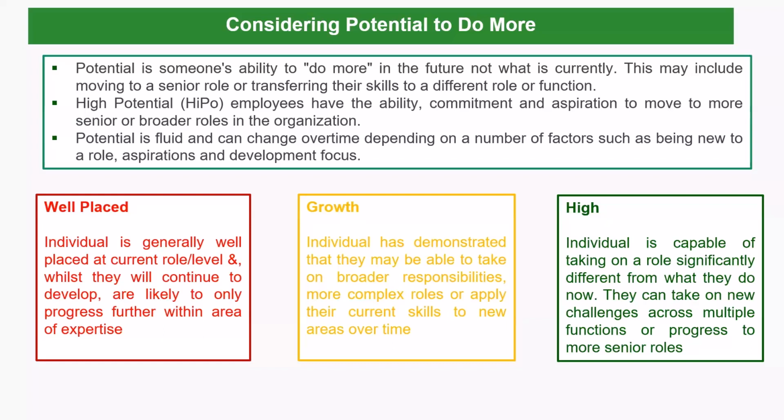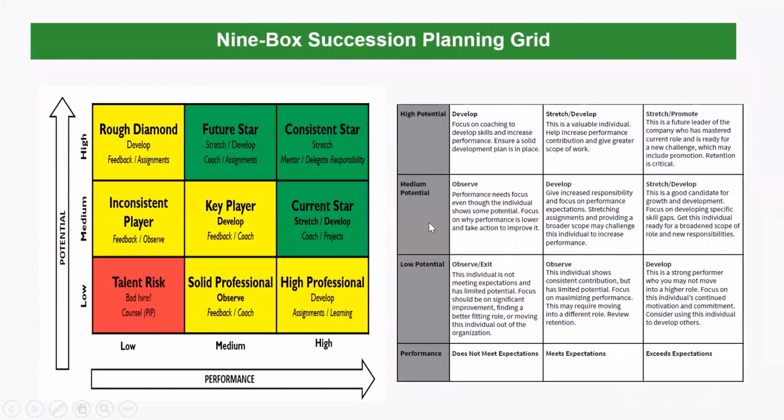Now, we've defined performance, we've defined potential. It's not difficult for us to know performance and potential. Now, the next conversation we have is, even though I'm not really a subscriber of certain tools, if you are familiar with the tool called the 9-box succession planning grid, it was initiated by General Electric several years ago.